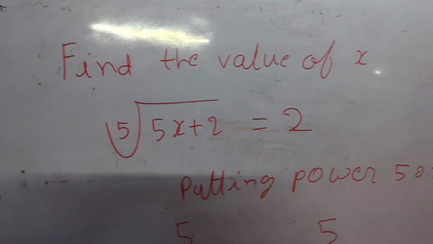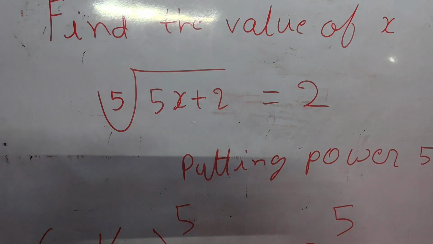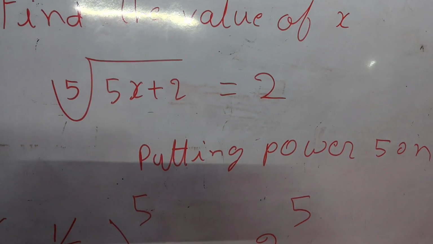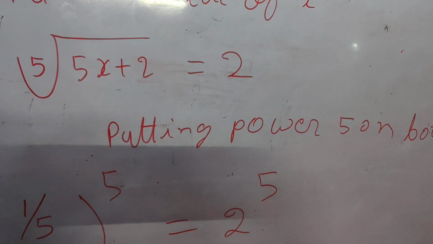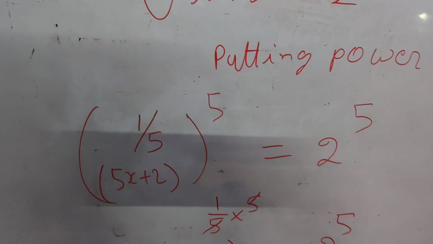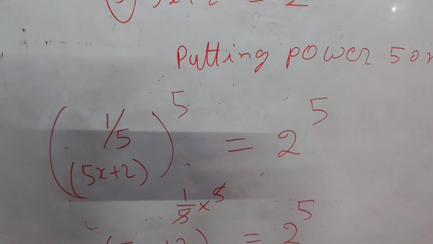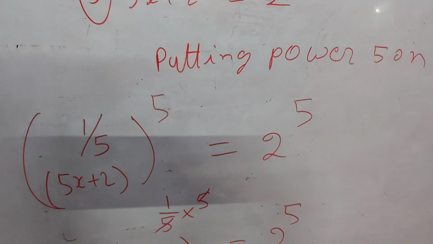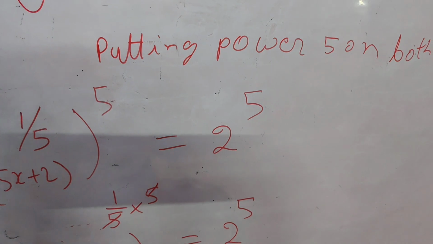Explain you once again. Find the value of x, and the sum is the fifth root of 5x plus 2 is equal to 2. So we'll put power 5 on both the sides, LHS and RHS. So here we have put power 5 on LHS and RHS. So it becomes 5x plus 2 to the power 1 by 5 and to the power 5, and 2 also to the power 5.